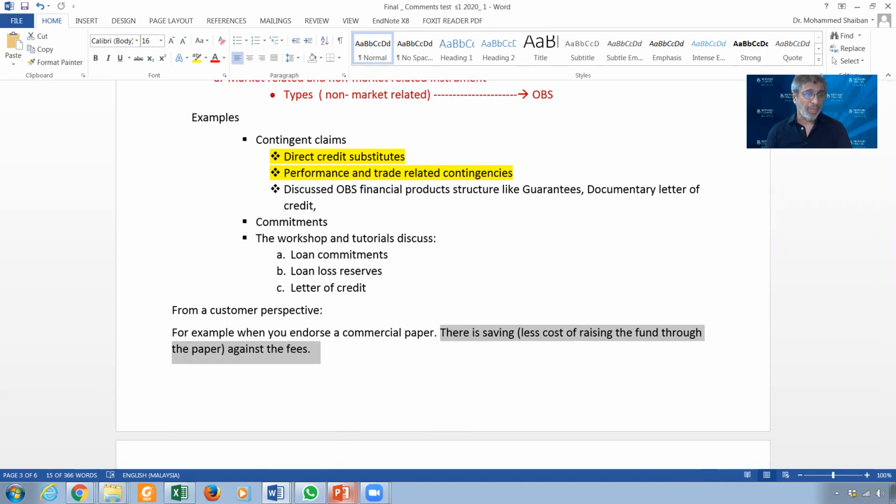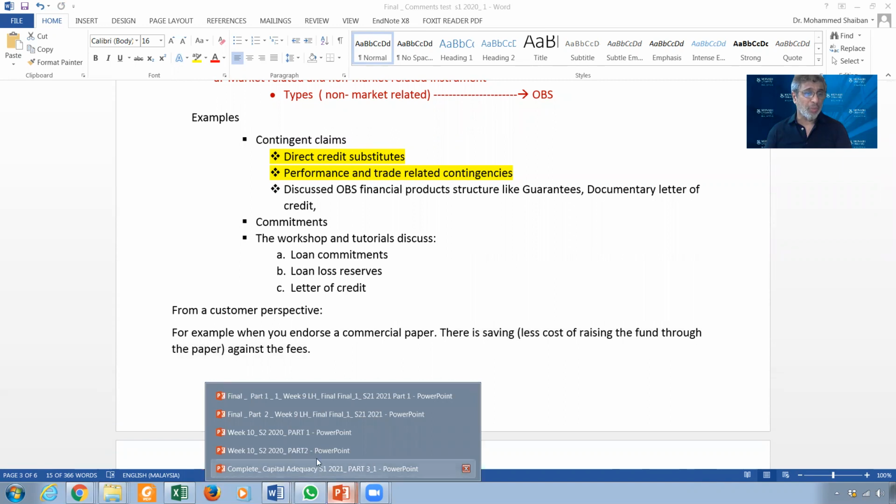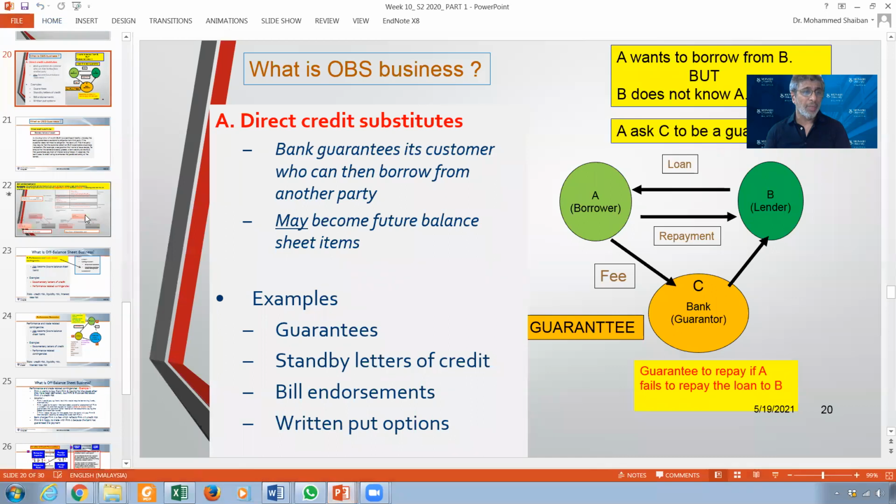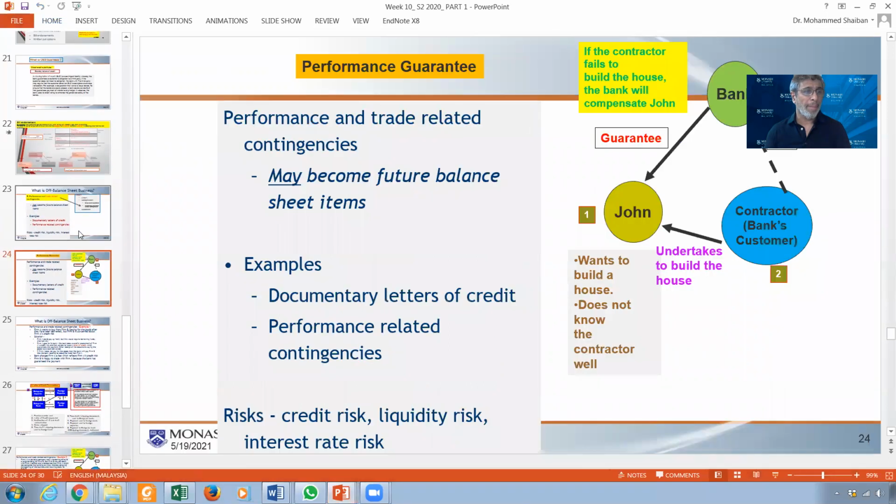All I want to say is, I don't want you to worry for the next test about the structure of the letter of credit, the documentary letter of credit, all those performance and how does it work. I'm not going to ask about these issues.